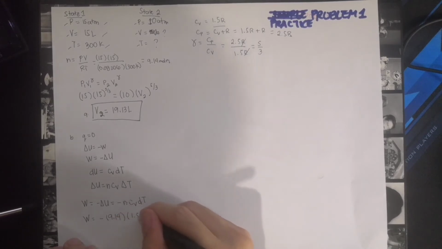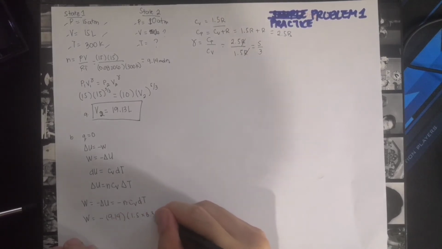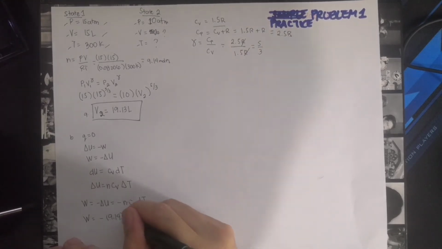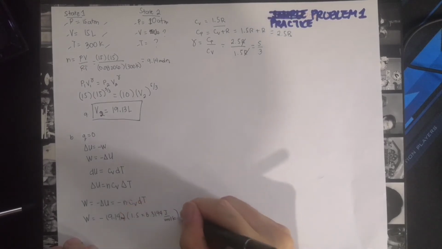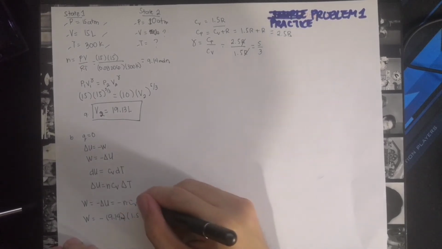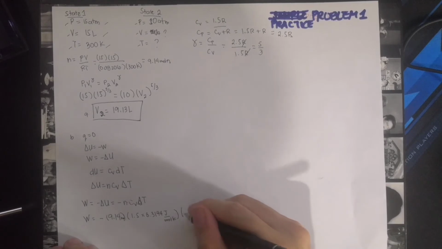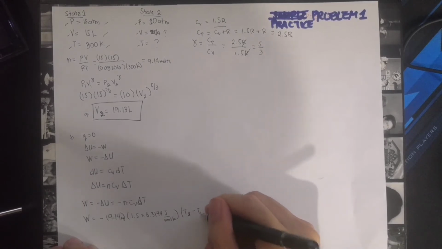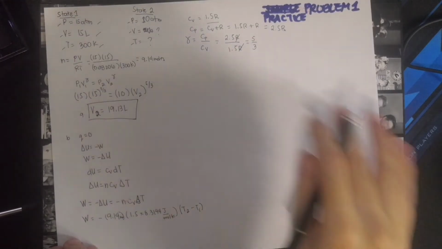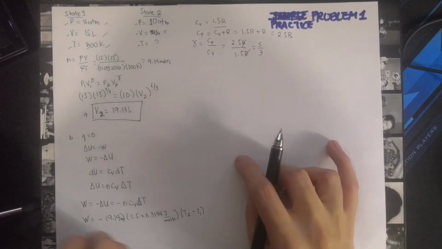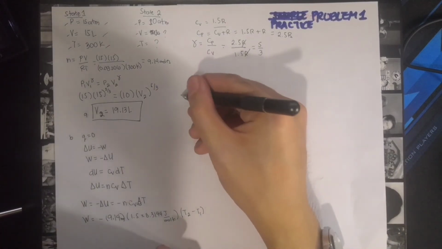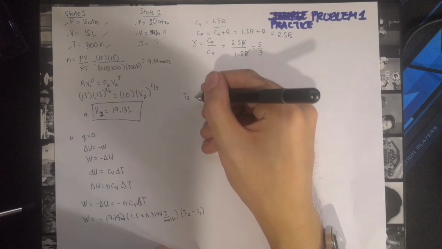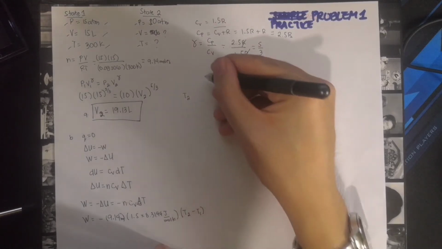Work will be equal to negative n, 9.14, times Cv. Since Cv is our molar heat capacity, we multiply by 1.5 times 8.3144 joules per mole Kelvin. Then we have delta T, which is T2 minus T1. We have T1, 300 Kelvin. Now we must look for T2. T2 can be obtained from the ideal gas law.